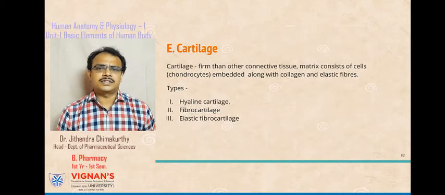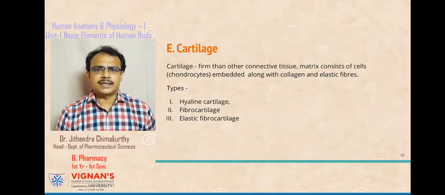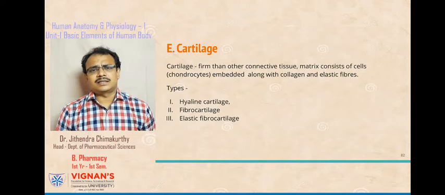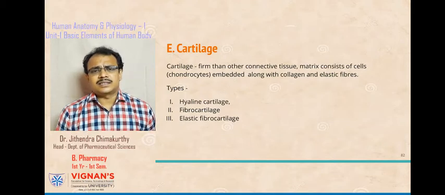Now, let's see about the other type of connective tissue, that is cartilage. Cartilage is firmer than any other connective tissue, and the cells which are present in this cartilage are called chondrocytes, which are embedded in the extracellular matrix, which consists mainly of various fibers.